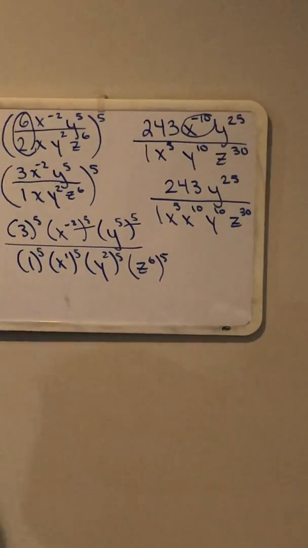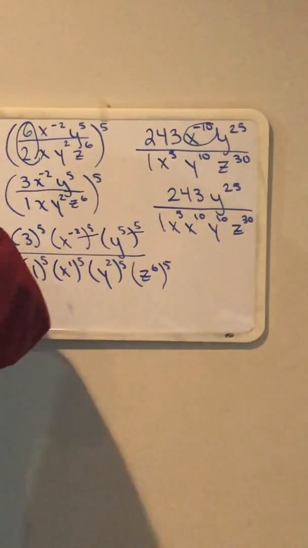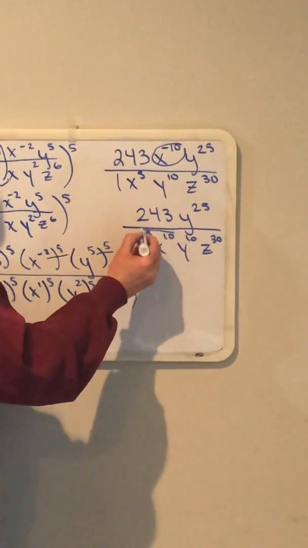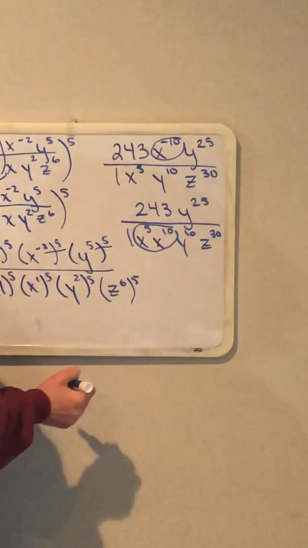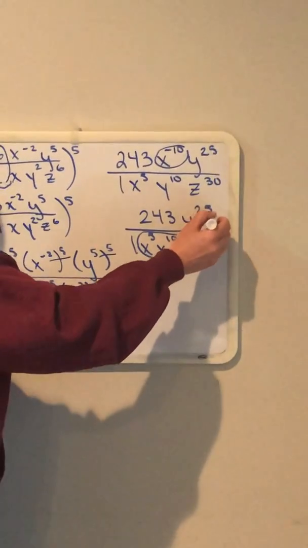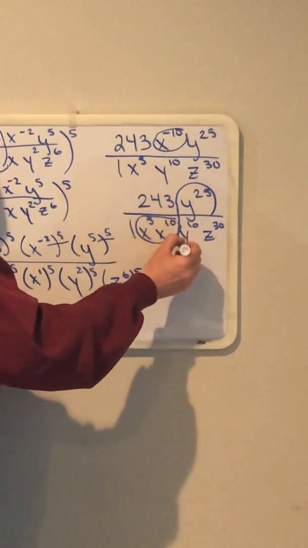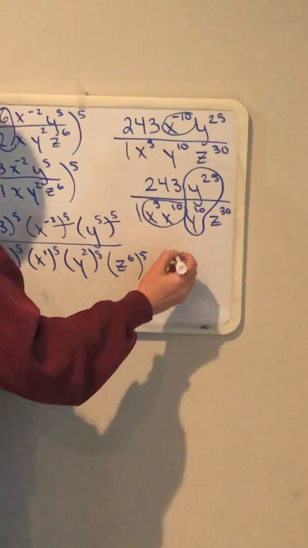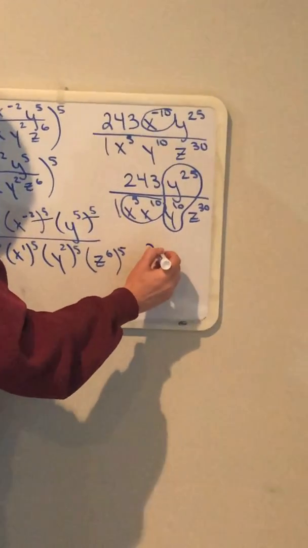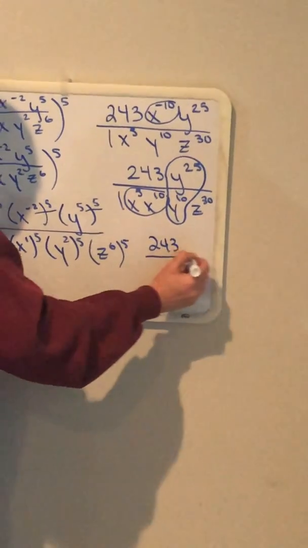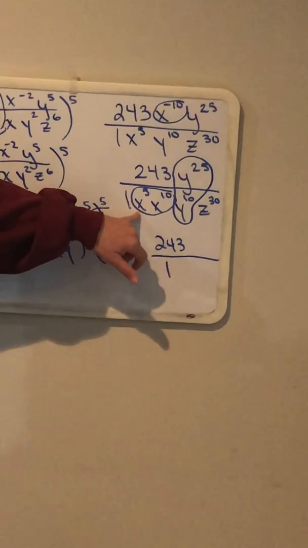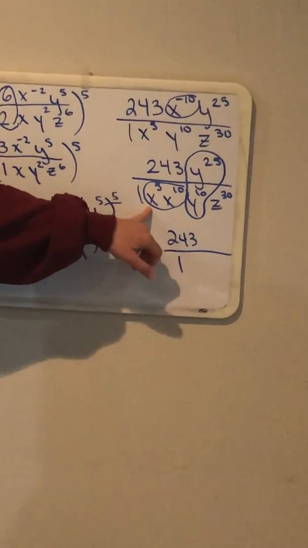And now you have to decide in the last step, adding and subtracting the powers. So for the x's, you'll add the powers. But for the y's, you'll subtract. So you still have 243 over 1. If I add the x powers down here, 5 plus 10 is 15.